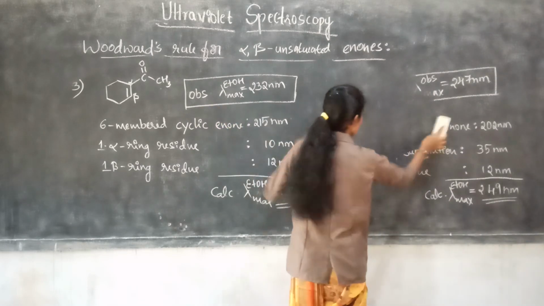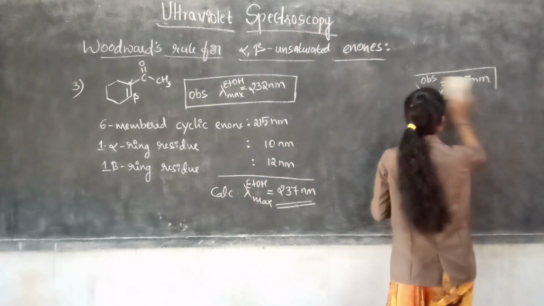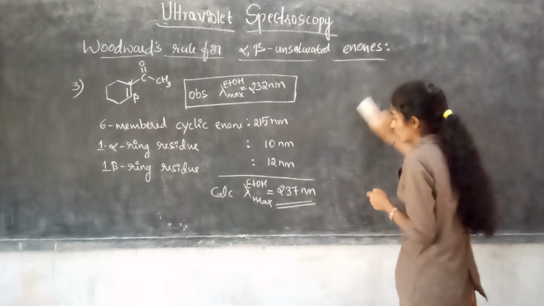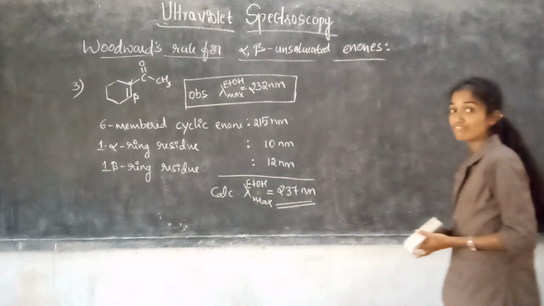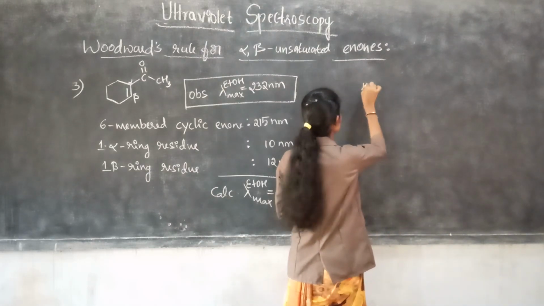So this is the 6-membered cyclic enone system. Now we will move on to fused ring system.